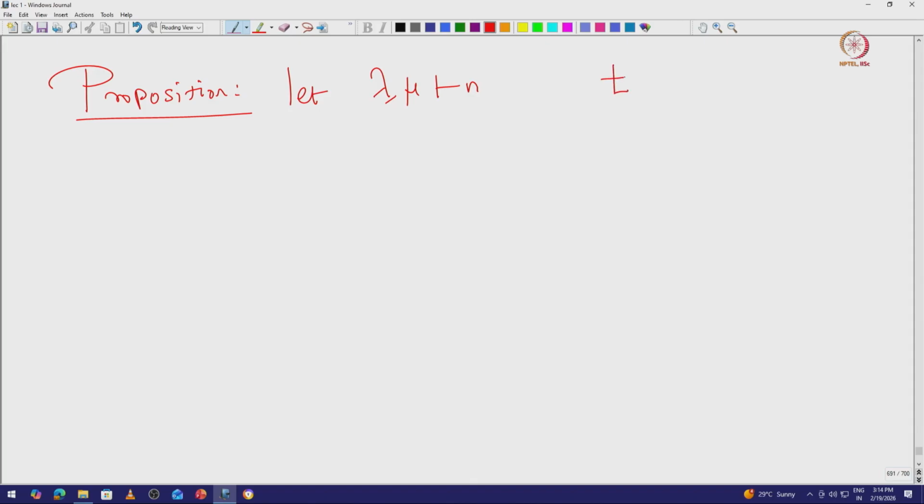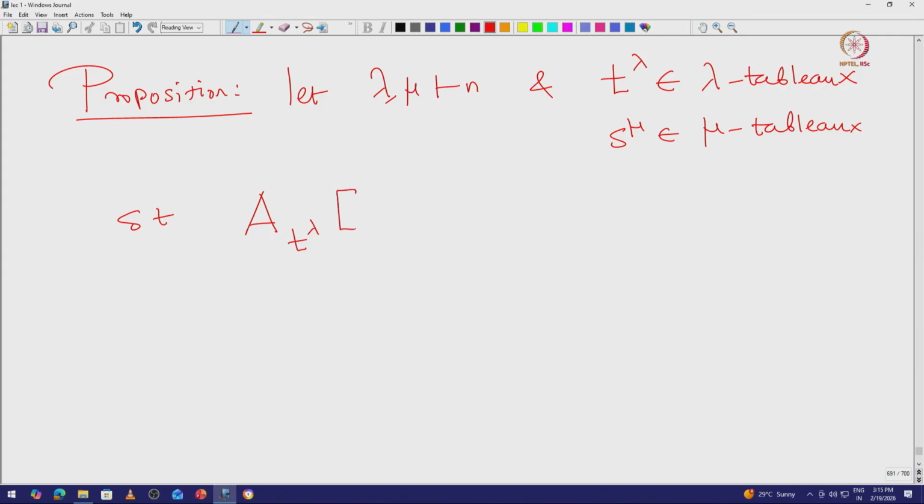So, we fix this T lambda, which is a lambda tableau, and then S mu, which is a mu tableau, such that you take this operator A t lambda, apply it on S mu, and assume that this is non-zero. Okay. Then we can conclude that lambda dominates mu.